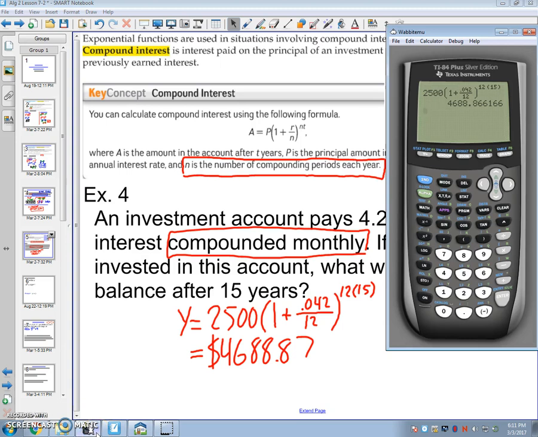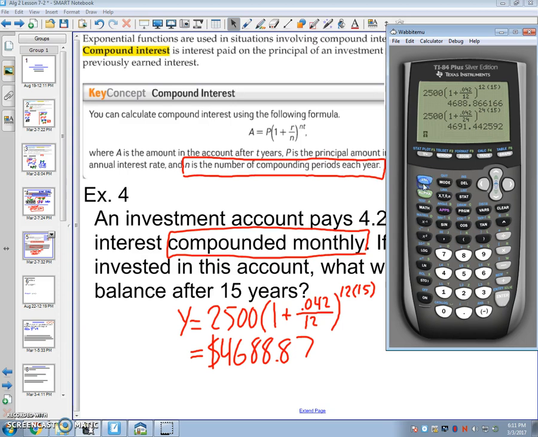Now, let me show you what happens if the n changes. Say instead of doing monthly, they did bi-monthly, 24 times per year. So that changes the bottom of the fraction, and this changes. Instead of getting 4,688, he gets $3 more. But if we're talking about bigger terms, that could be $3,000 or $3 million, but it's more.